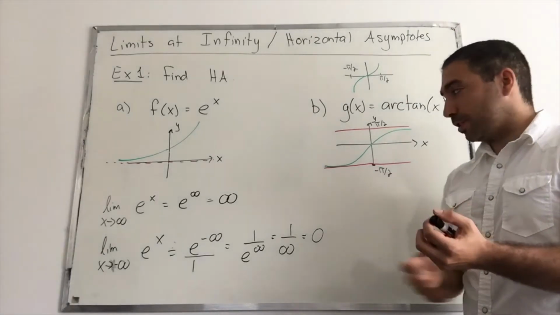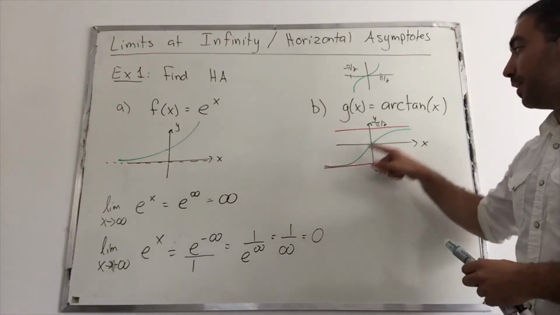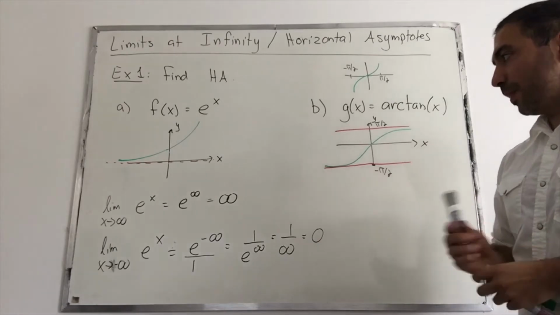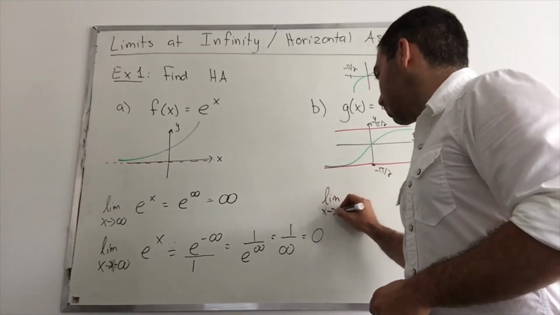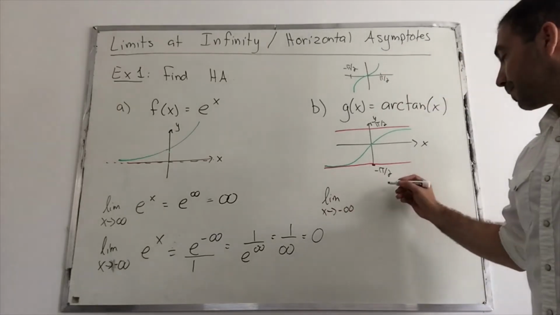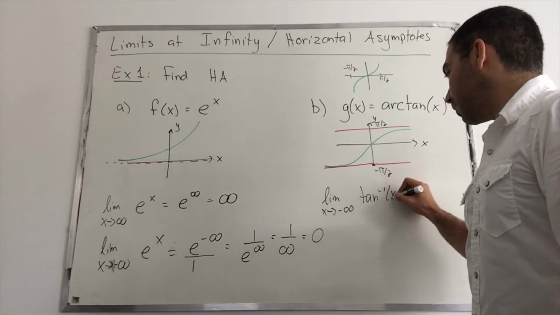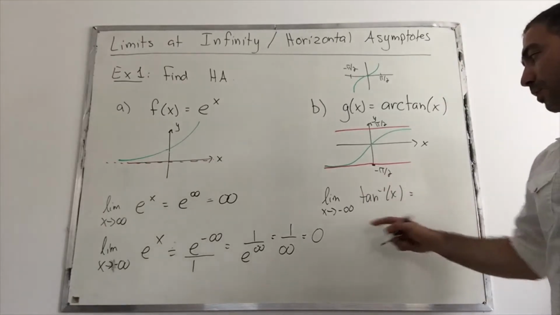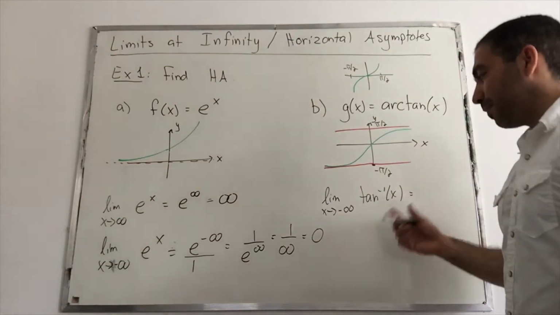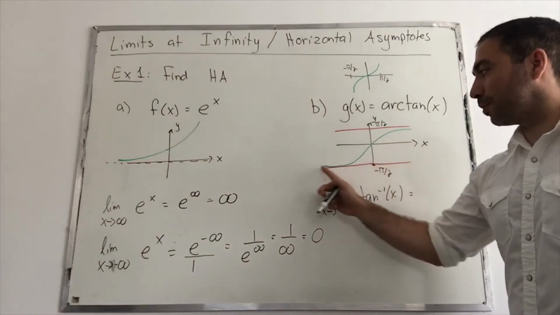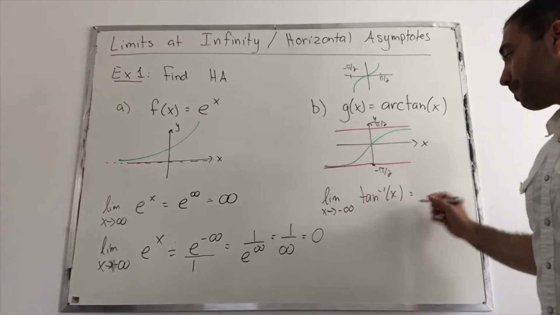So now we could see, just based off knowing what the function looks like, which is again here in green, if we take the limit as x goes to negative infinity of arctan, let me write it this way, tan inverse of x. Substituting negative infinity into this might not help. Maybe if you plug it into the calculator, you'll start approaching values. But if you don't have a calculator, then you would have to know this by heart.